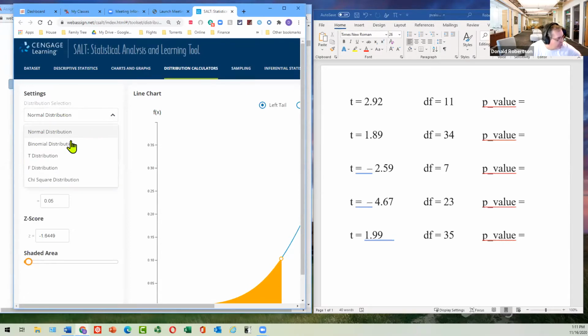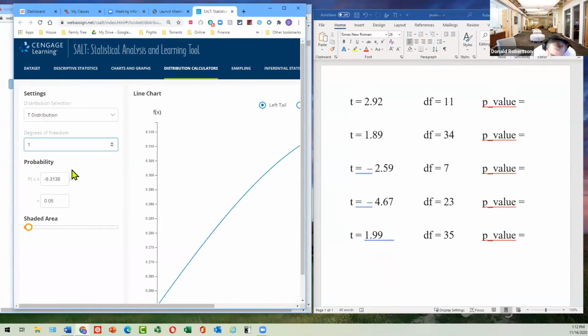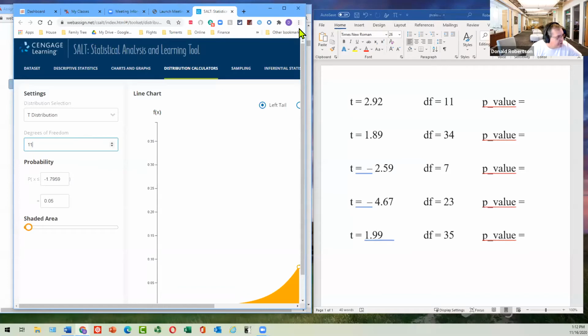The guy that we want is the t-distribution. So that's the first thing that you change, right? So you make sure that when you hit SALT, that you don't just use the default normal distribution, you change it to the t-distribution. Now, the degrees of freedom in this question were 11. So if I rub this out and put 11 in, so far so good.